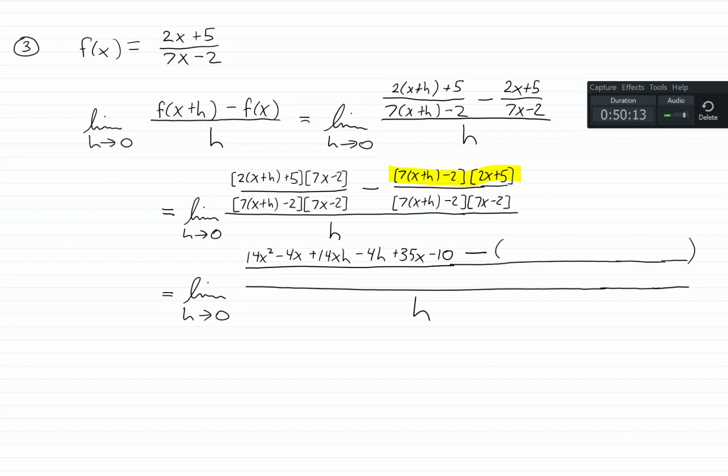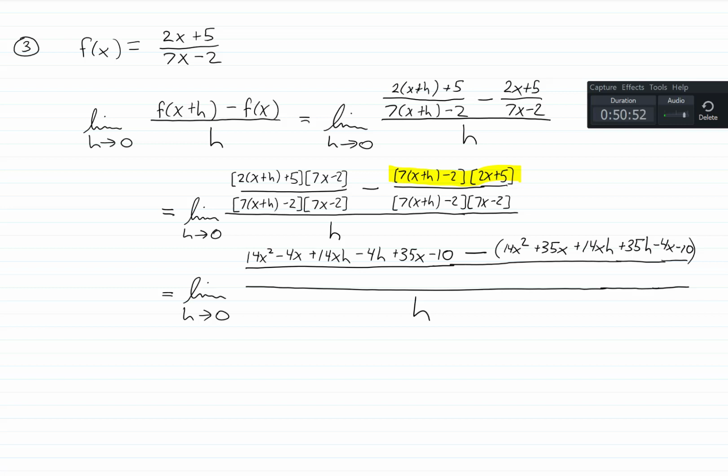So what I got is 14x squared plus 35x plus 14xh plus 35h minus 4x minus 10. So you should pause the video and work that out, see if you agree with that.